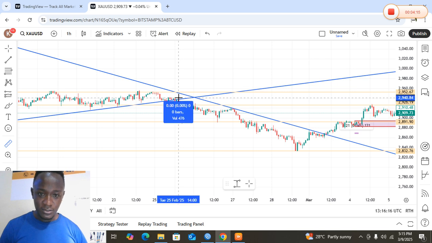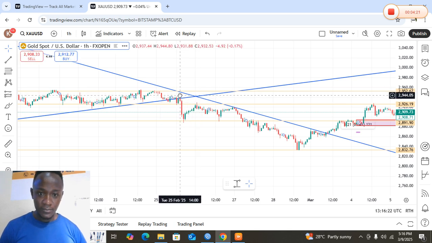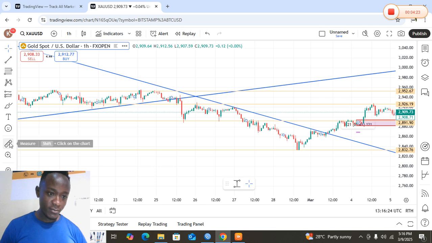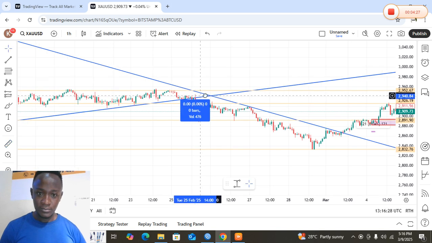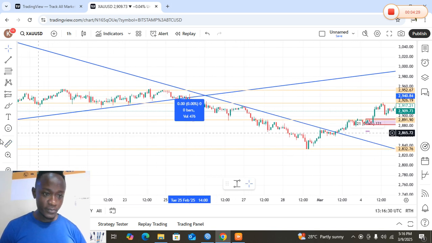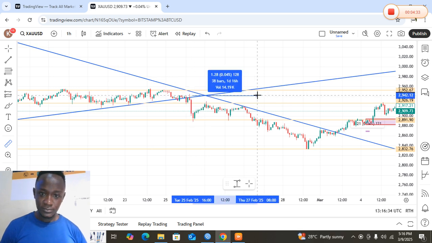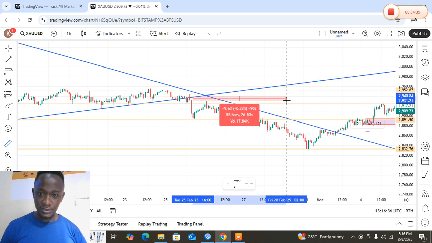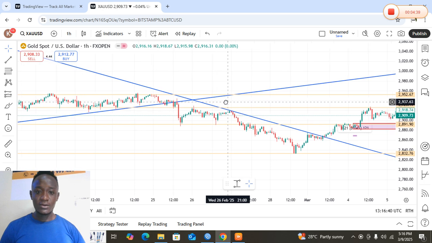After that retracement, you could see there was this area.